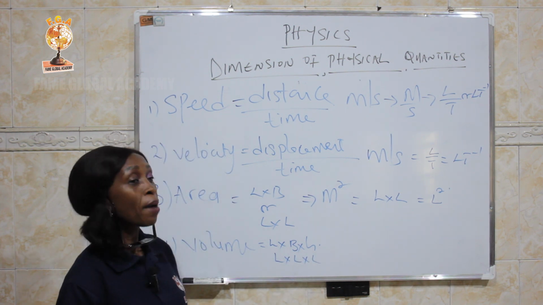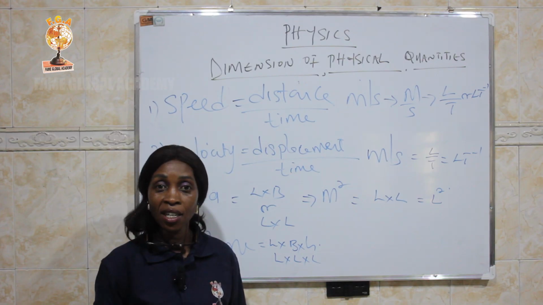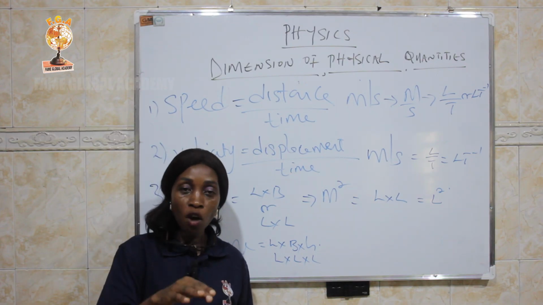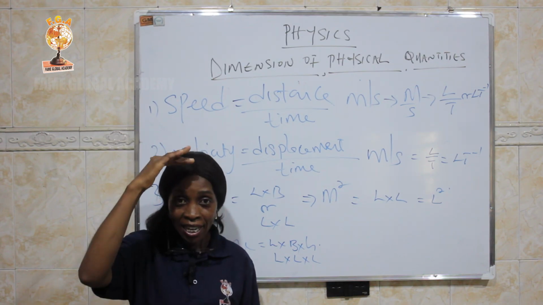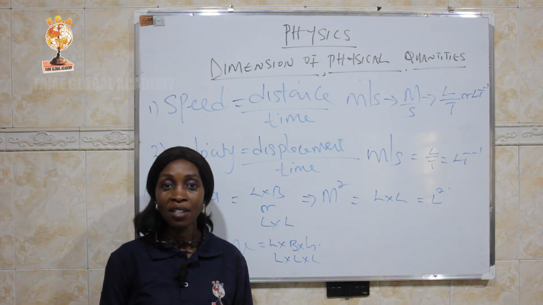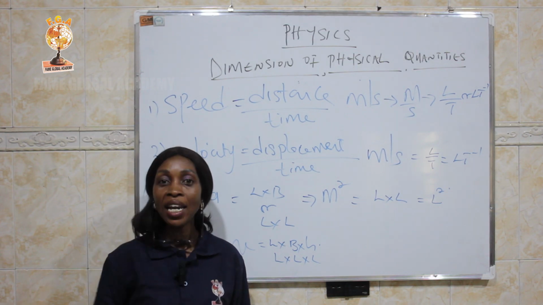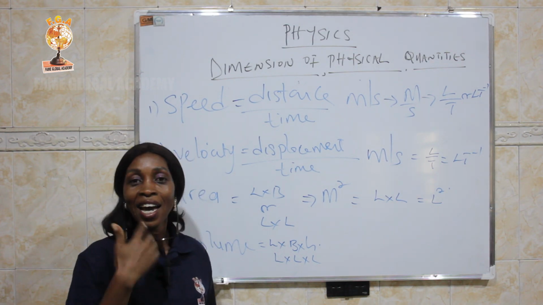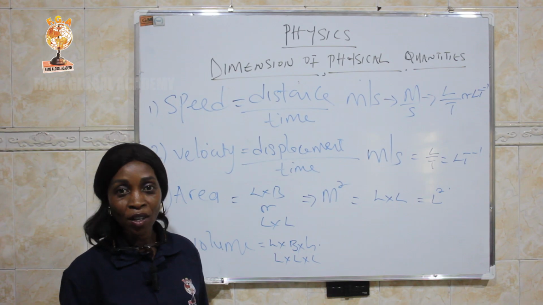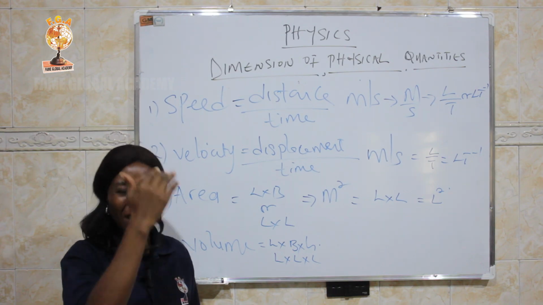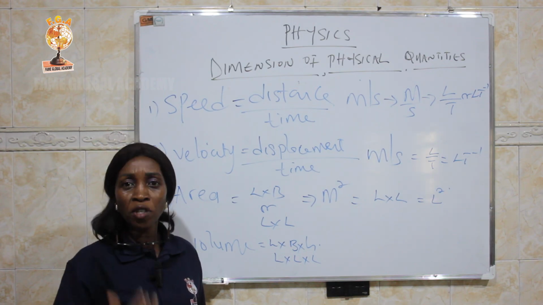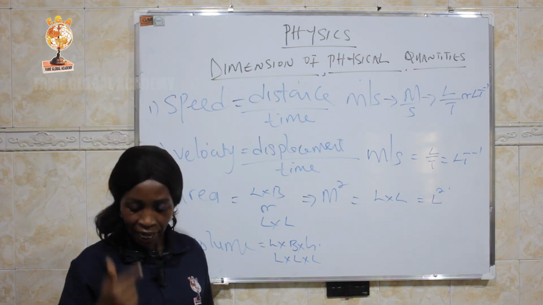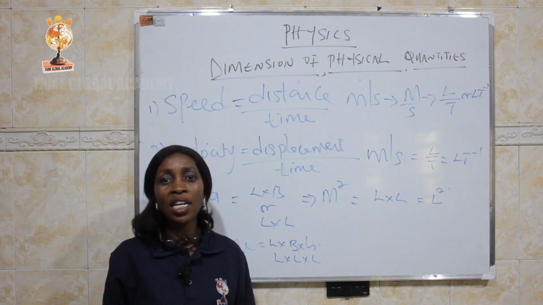Because when we talk about breadth, it's still length. The height of an object, my height from the ground to my head, is also my length. So length and height are the same when it comes to dimension. Literally in definition, they are the same. If I measure my length and I'm measuring my height, they are saying the same thing.